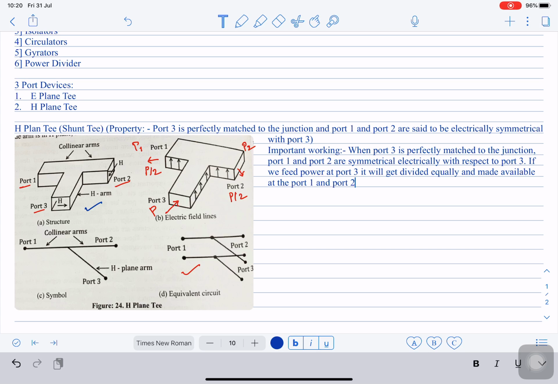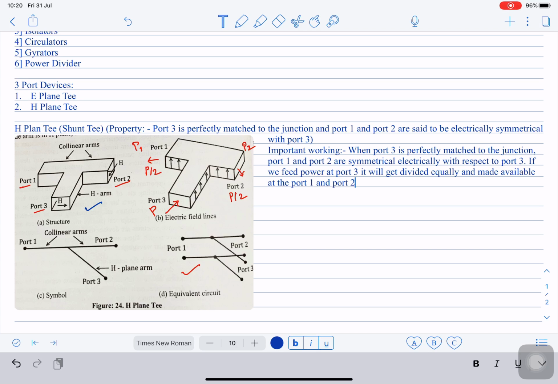Here we will now derive the scattering parameter matrix for the H plane T. As you already know, this H plane T consists of three different ports. When we analyze this particular device, we need to represent it in terms of a scattering matrix.